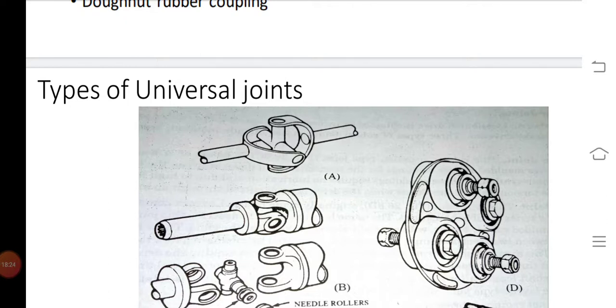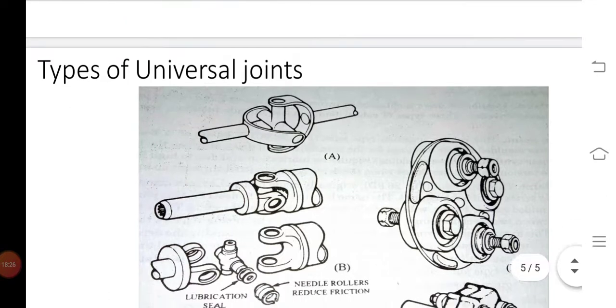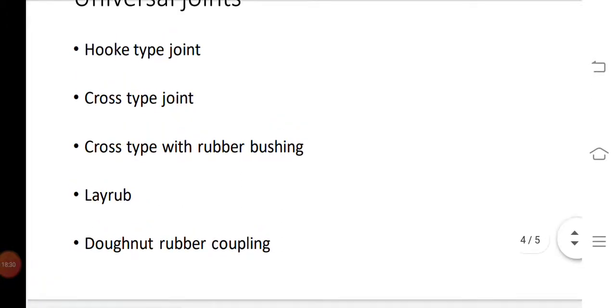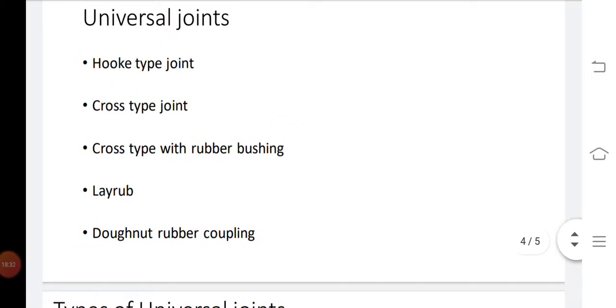Now how many types of universal joints? There are so many types, like hook joints, cross type joints, cross type with rubber bush joint, layrub joint, and donut rubber coupling.